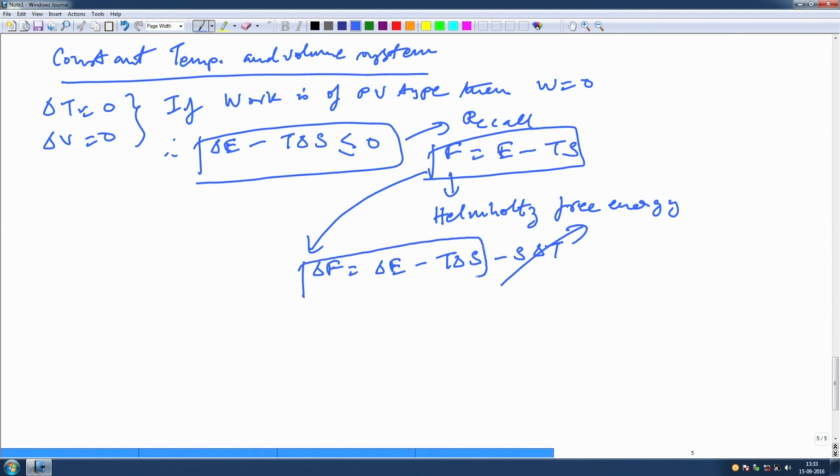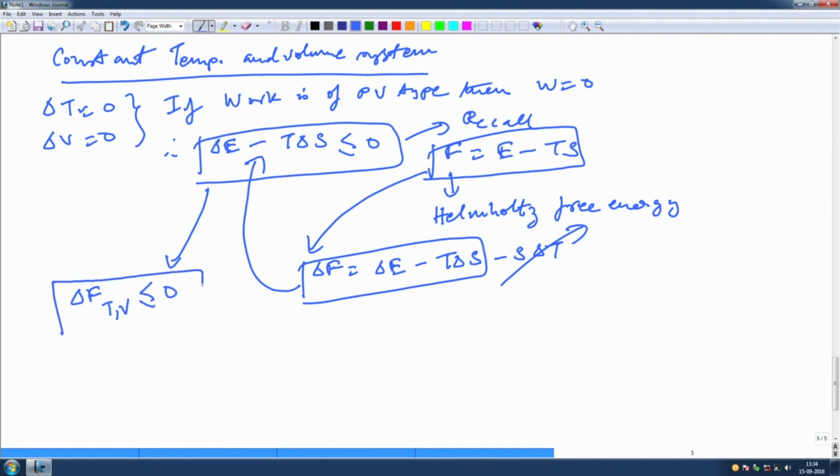So, this is the relationship that is valid. So, substituting this over here, what we get as a result of that is delta F, that means the change in Helmholtz energy for constant temperature and constant volume, must be less than equal to 0.